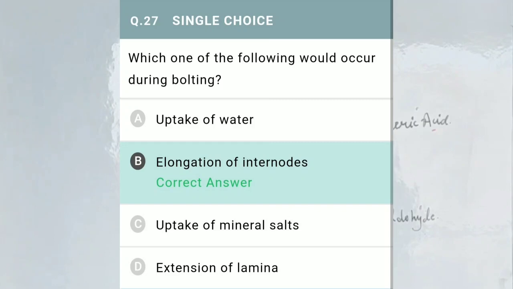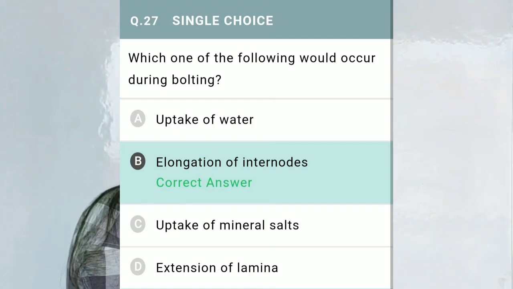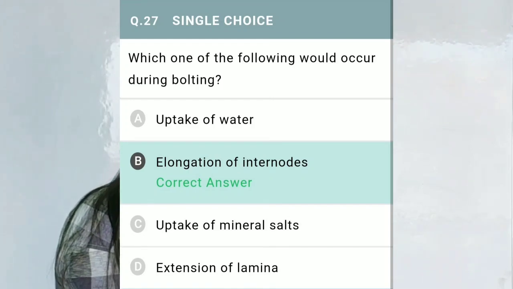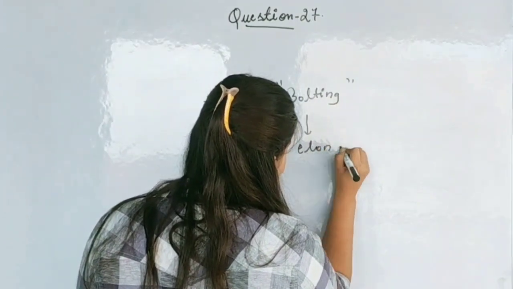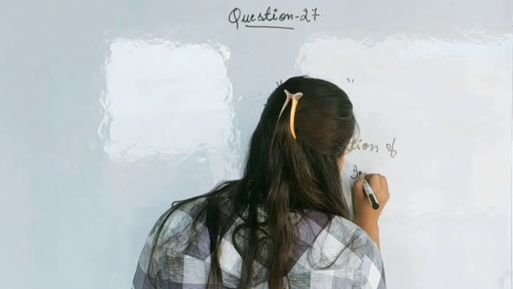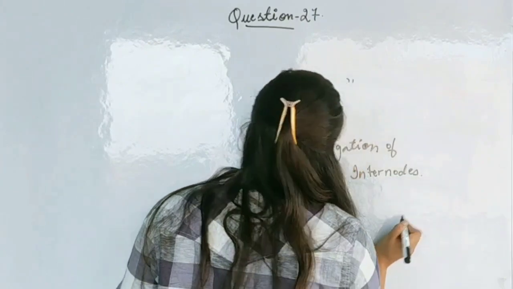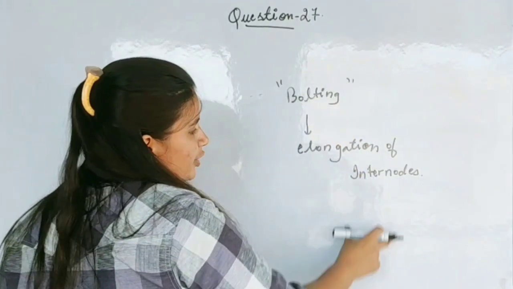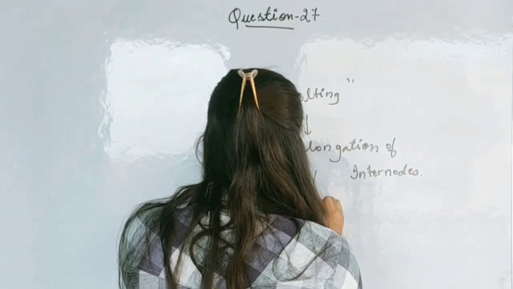Option B is correct for this question, that is elongation of internode. So now if we talk about the word bolting, the word bolting here means elongation of internodes, and it is supported by the hormone gibberellin.